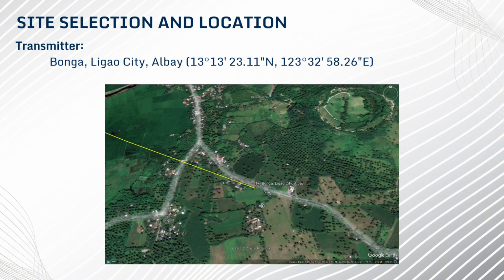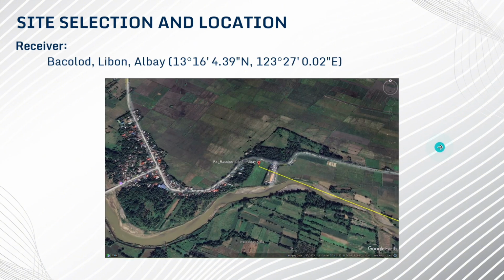The location is situated here at the pin B, the transmitter, while the receiver is situated at Bacolod, Liban, Albay, as you can see at the pin A. It serves as our receiver. This precise location is strategically selected to ensure optimal transmission and reception capabilities over the 11.9 kilometer distance from the transmitter in Bongaligal City.